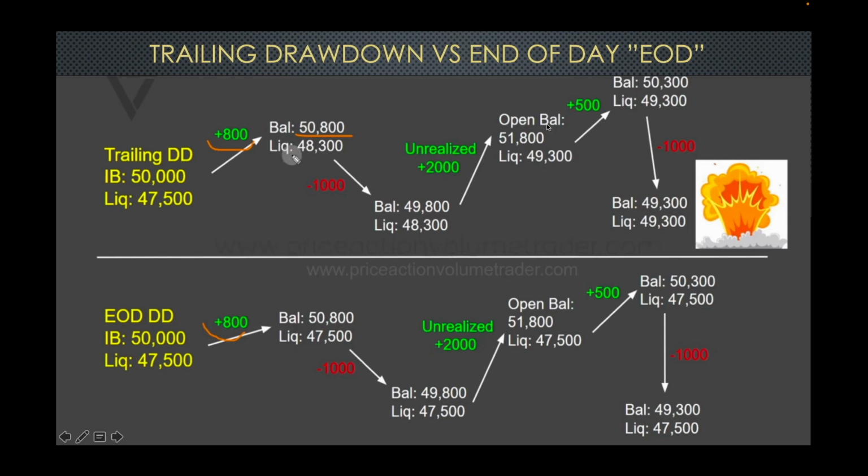Well, because the price went up $2,000 in the trailing drawdown, it follows you up. Even though you did not take that money out, you didn't cash out at 51,000 or 51,800, the trailing drawdown says, hey, you could have cashed out here. It follows you up to $2,500 less than that. So now your trailing drawdown is 49,300.